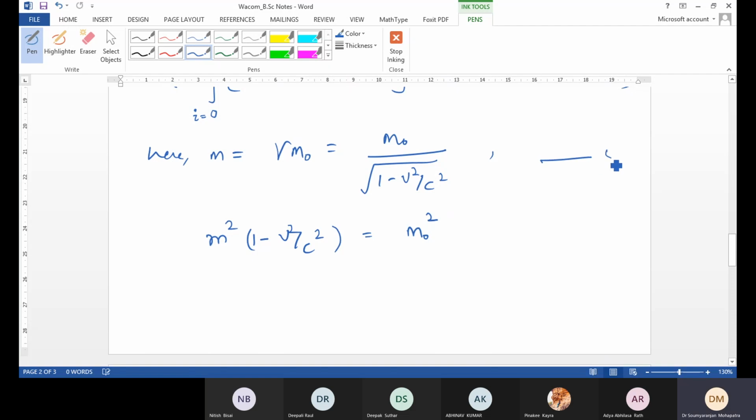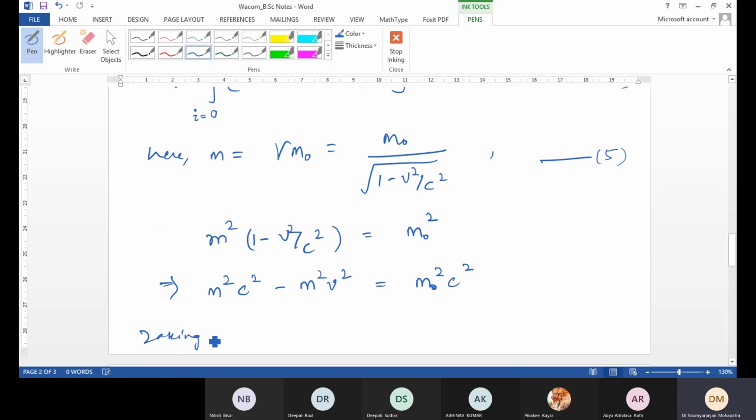You can call this equation 5. If we square this, m square comes to this side, this is m naught square. And this implies m square c square minus m square v square, and the c square goes to this side, so this becomes m naught square c square.